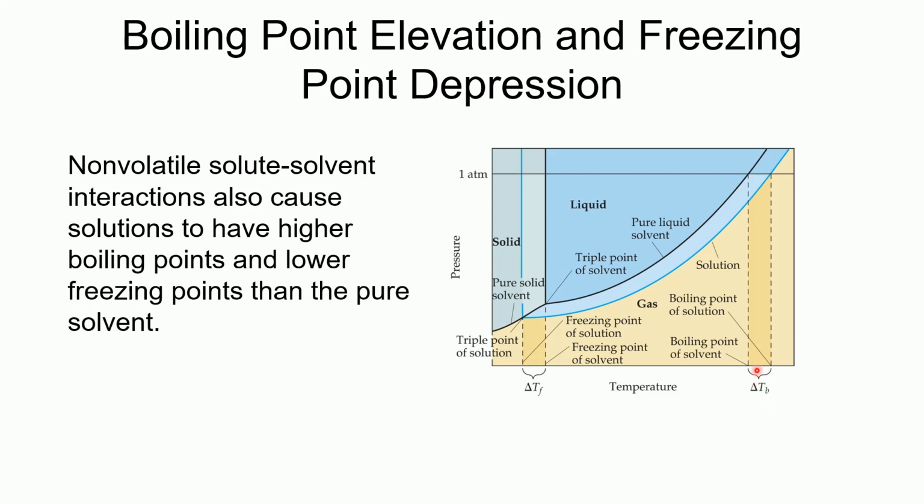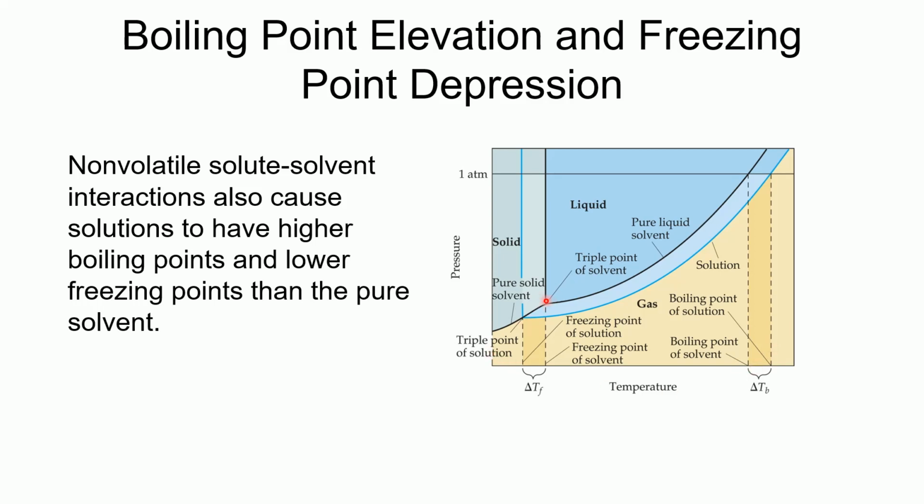Now, we've also got another phenomenon, which is that whenever you have a solution, it's going to have a lower freezing point than the pure solvent. The reason is that when a solvent freezes, it forms a crystal, but if there is something blocking the crystal from forming, you have to go to a lower temperature to get that crystal to form.